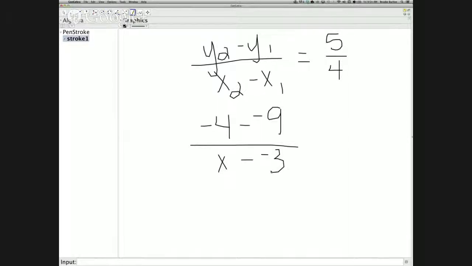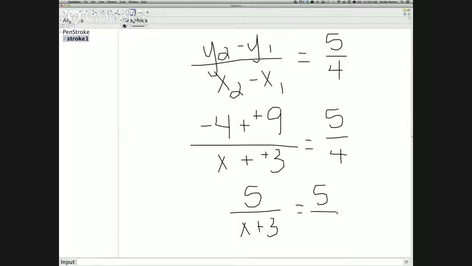Don't forget that if you're minusing a negative, you do need to put both minuses so that then you can change them to positives. Okay? And I still want that to equal 5 over 4. On the top, I have positive 5. On the bottom, I have x plus 3.